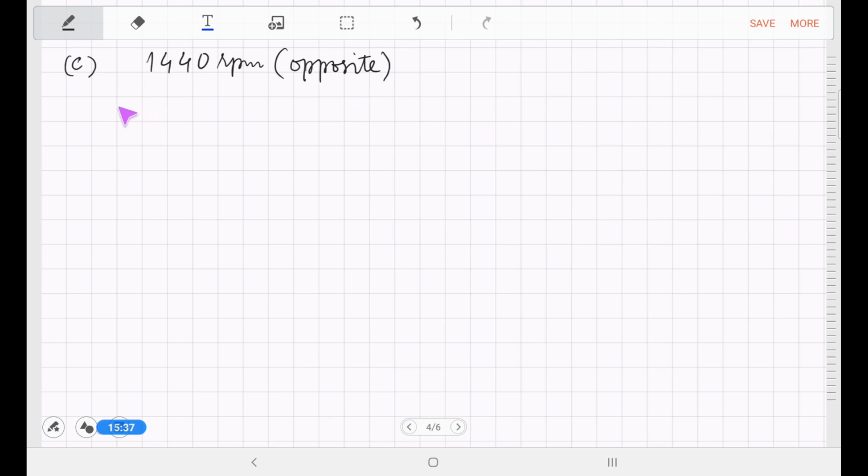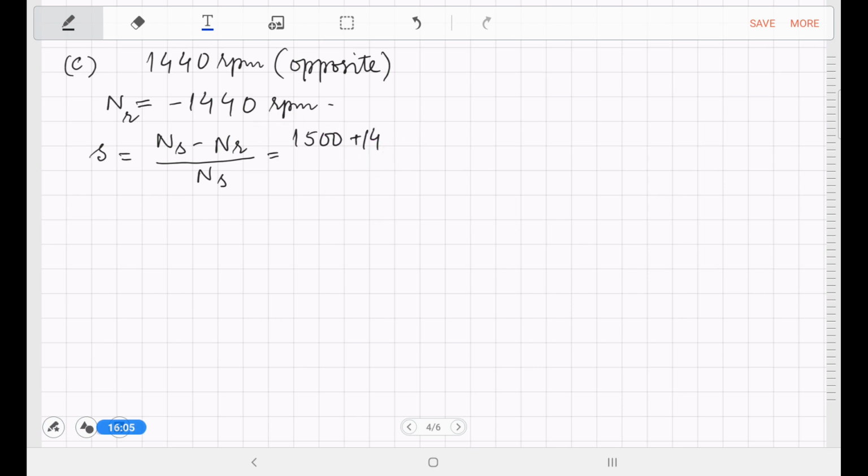Therefore, we can write NR as minus 1440 rpm, and hence the slip will be given by (NS minus NR) by NS, which is equal to (1500 plus 1440) by 1500, which is equal to 1.96.